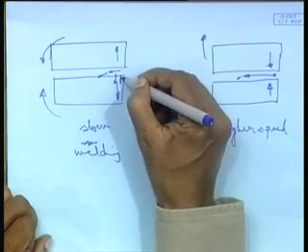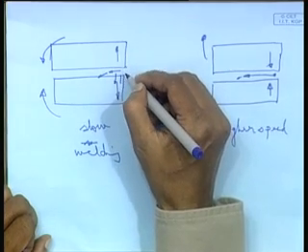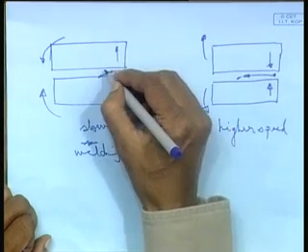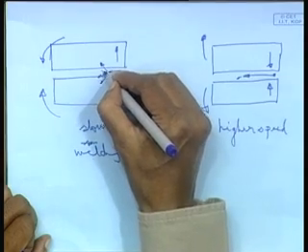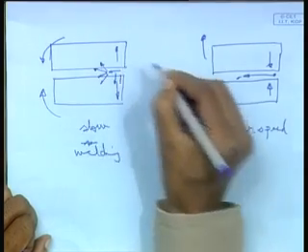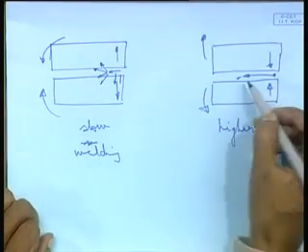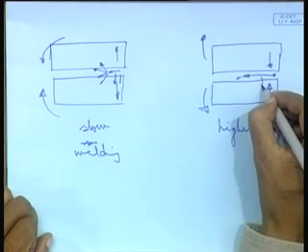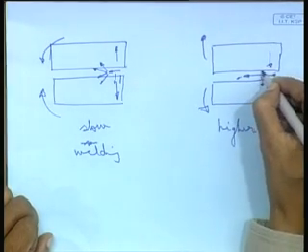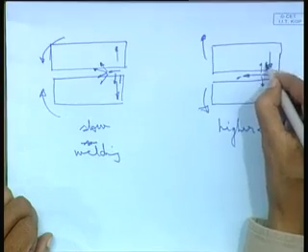Right, and well, the heat flow in the forward direction will be more, whereas in this case there will not be any heat flow, whatever heat dissipation there is, it is only in the transverse direction.